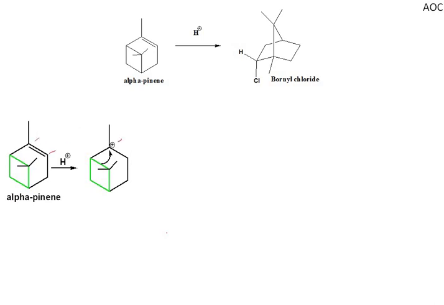The positive charge has come to this carbon because this is a tertiary carbocation, more stable. If the hydrogen had come here and the positive charge had come here, that would lead to an unstable secondary carbocation, which is less stable. So that is why the hydrogen has attached here and we have the positive charge at this carbon.